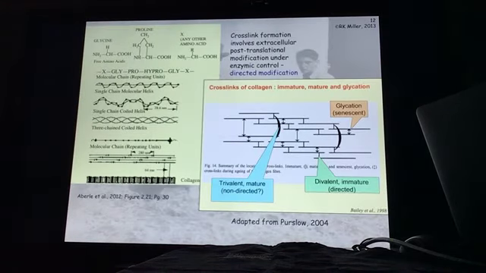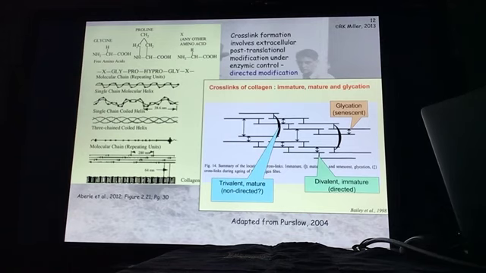If you look back at that initial picture, I wanted you to keep that in mind. And now look at this picture from Purslow. Purslow is one of the papers that I gave you, and I gave you the paper because I want you to have a chance to look at it and try to really understand the crosslinks.